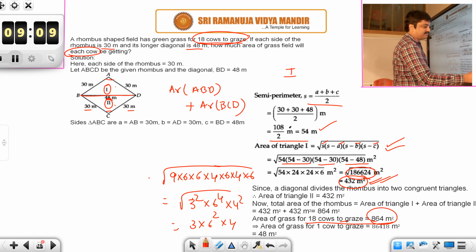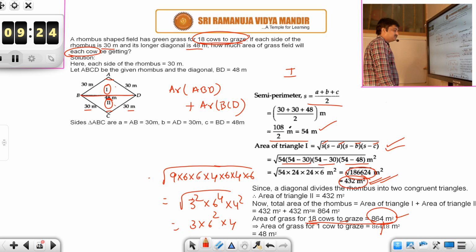So this much area is available for 18 cows. If the area is distributed equally among all the cows, then for one cow you will be getting 864 divided by 18, that will be 48 meters square.